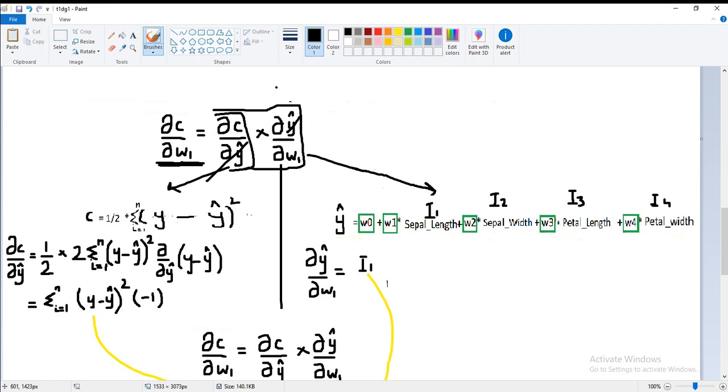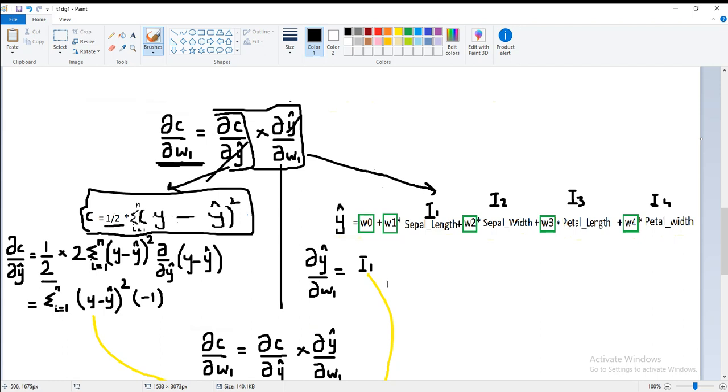So, the partial derivative of cost with respect to y hat. Now our cost function is this one: cost is equal to 1 by 2 times summation from 1 to the number of samples of real y minus predicted y, squared. To calculate its derivative with respect to y hat, 1 by 2 is a constant, so it will stay as a constant.